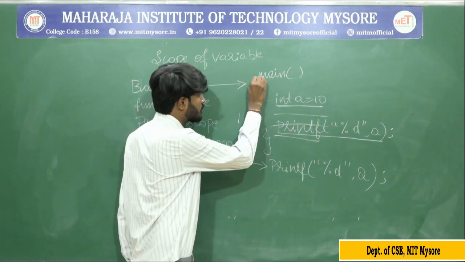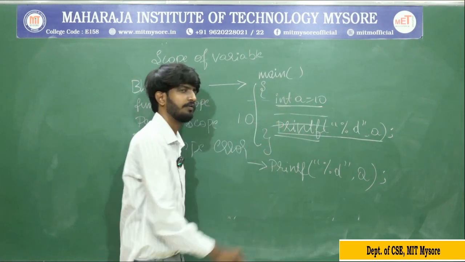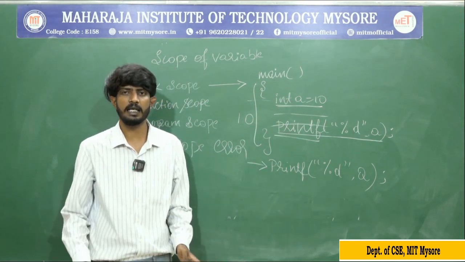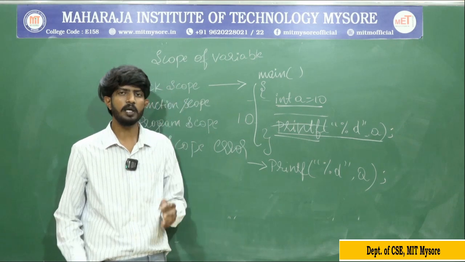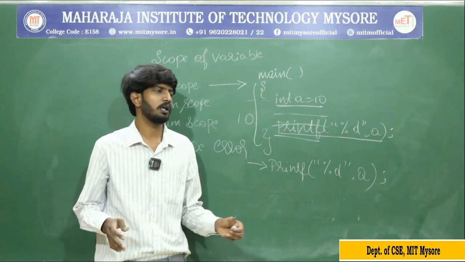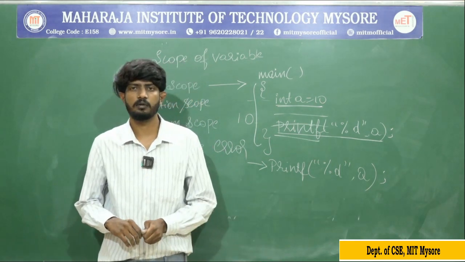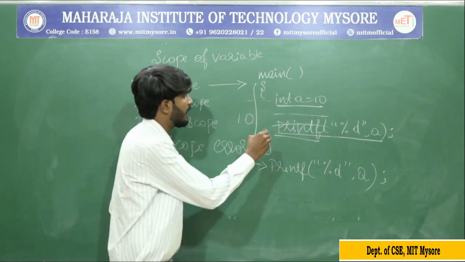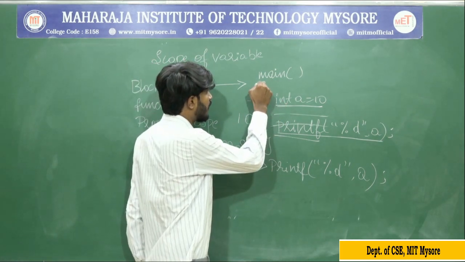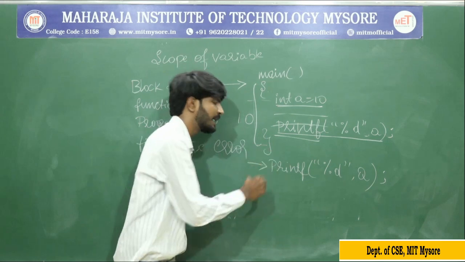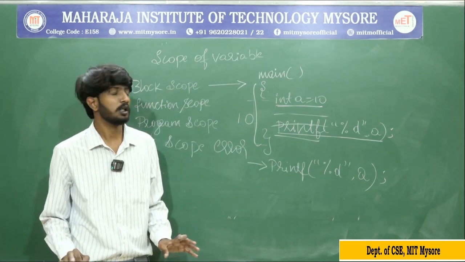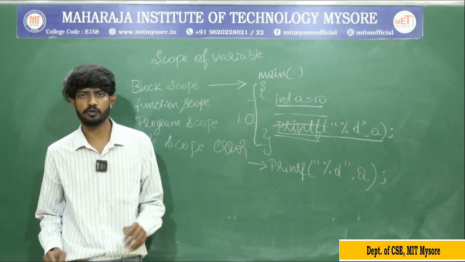After executing this whole block, this value will be ignored or deleted, deinitialized. So this a only has scope inside this block. This is called block scope.